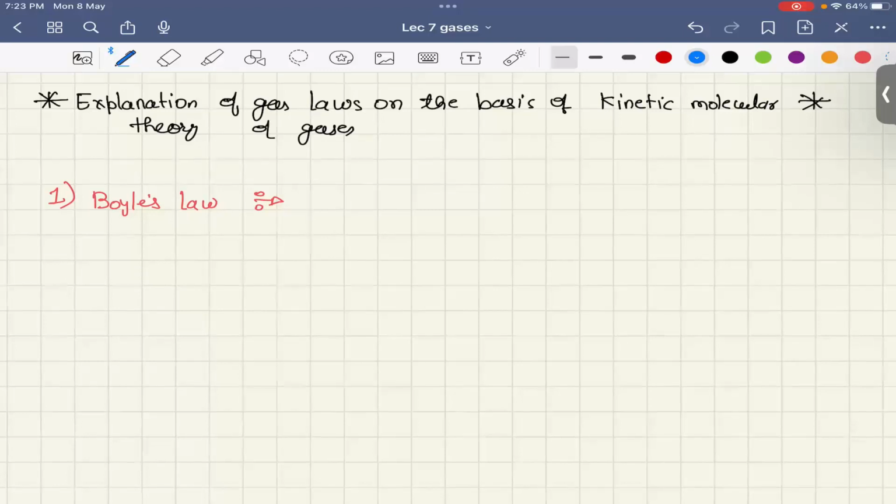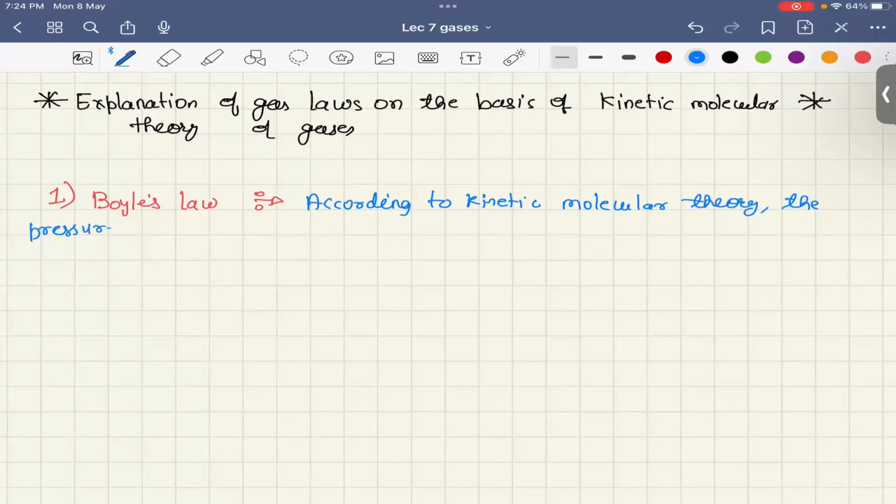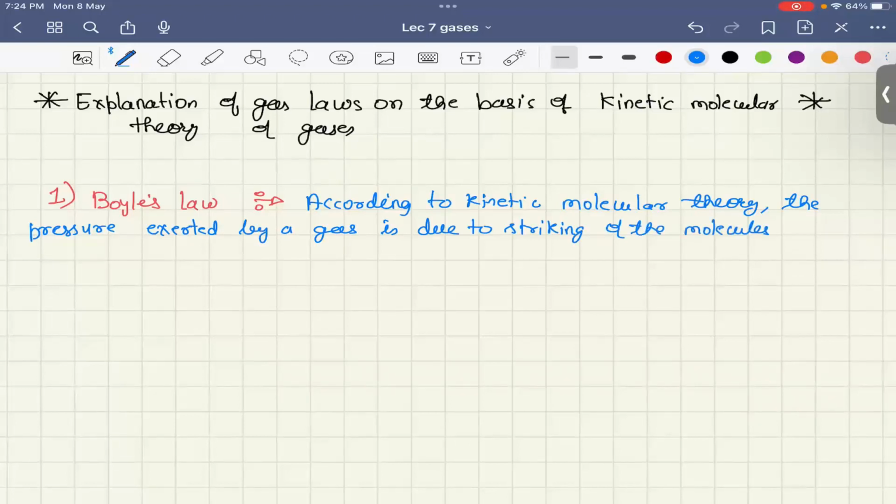So let us write this down. According to kinetic molecular theory, the pressure exerted by a gas is due to striking of the molecules on the walls of the container. This is nothing but postulate 4.